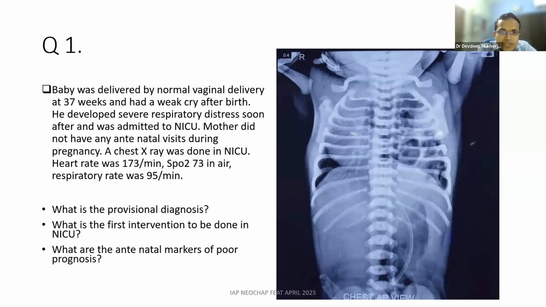So I would like a complete diagnosis, not a partial diagnosis.